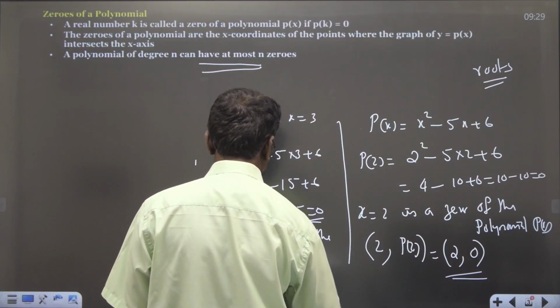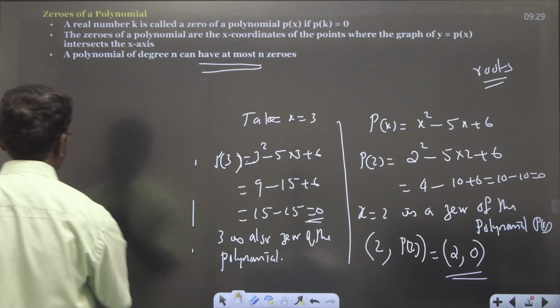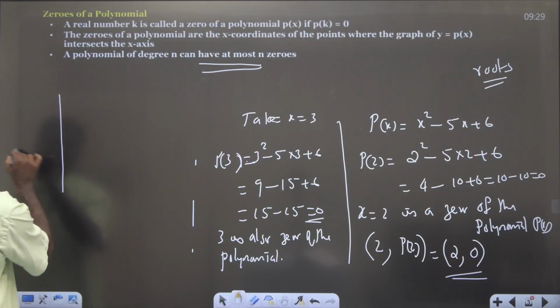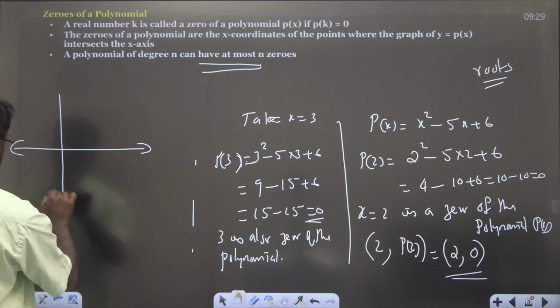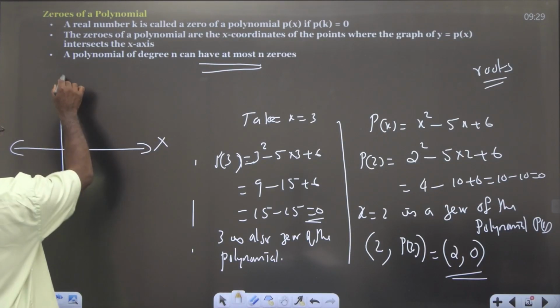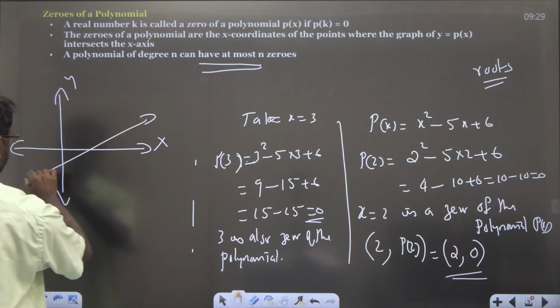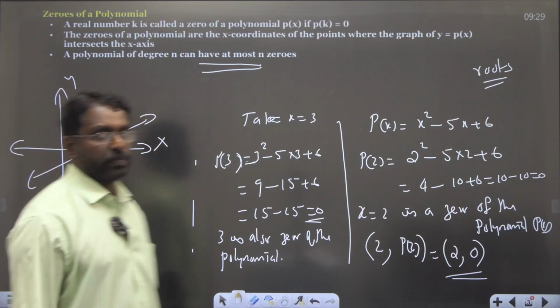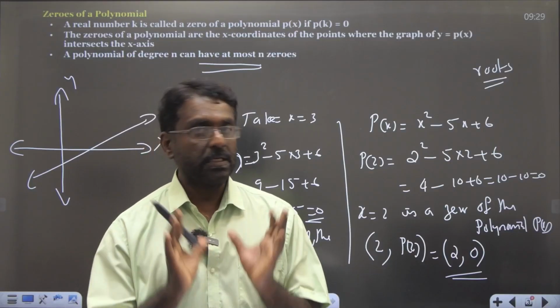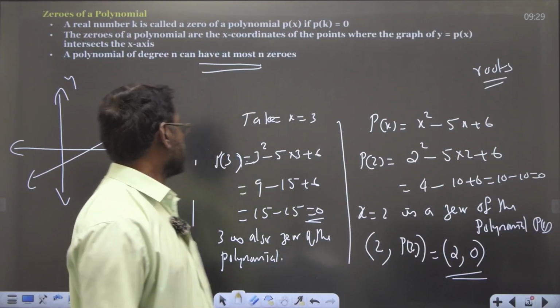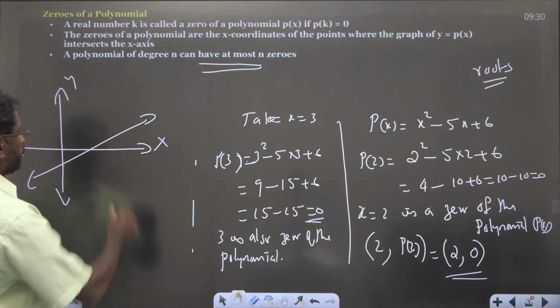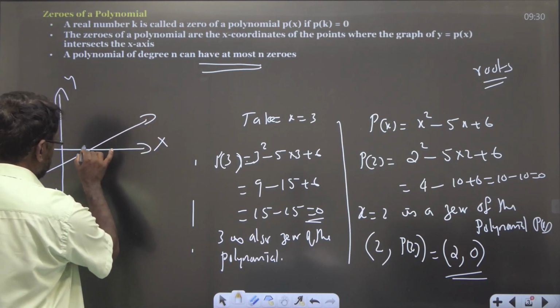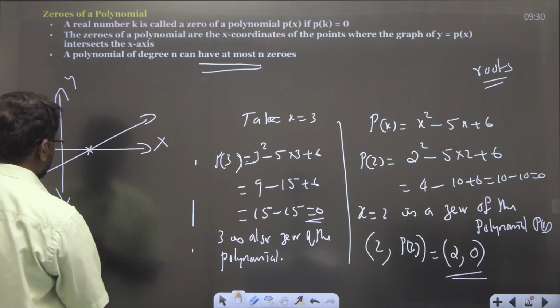Geometrically, we can find that. Here I can give a graph, with x-axis and y-axis. Suppose this is the graph of a linear polynomial. The graph of a linear polynomial always represents a straight line. This straight line intersects the x-axis.